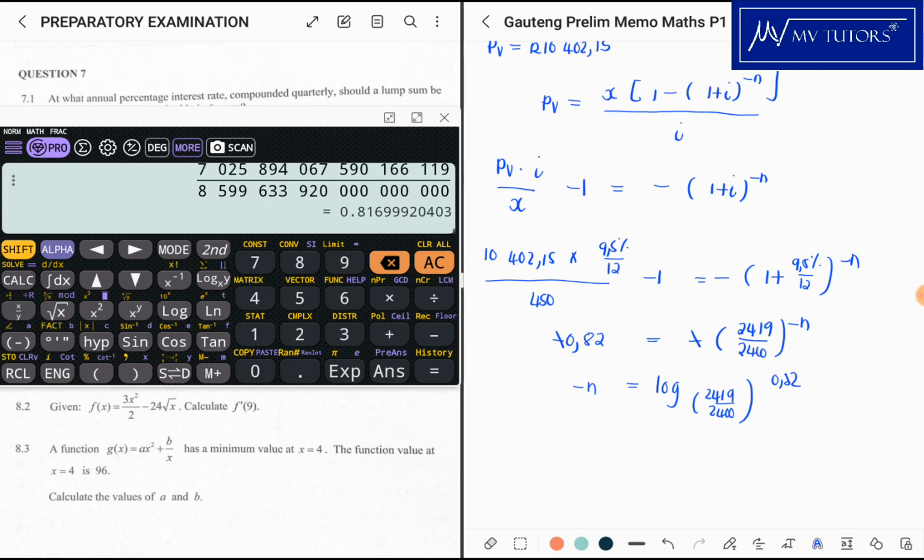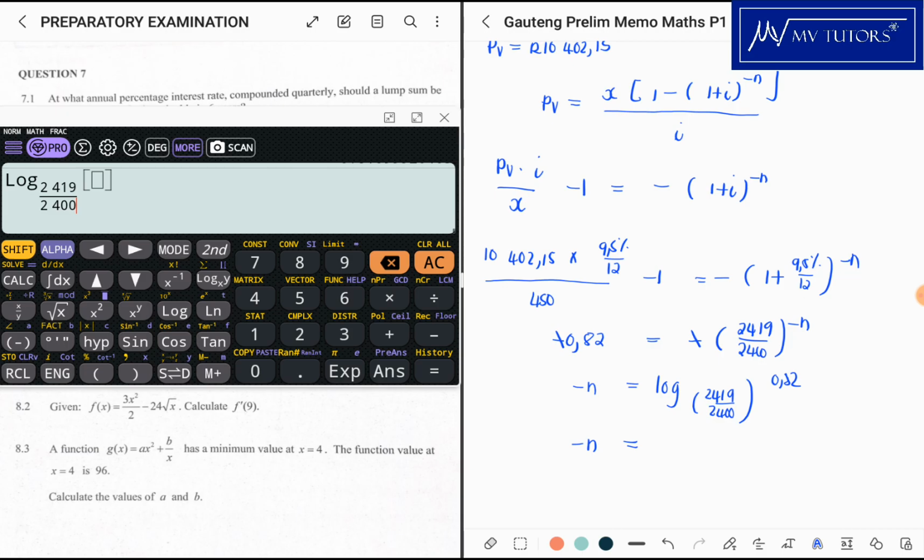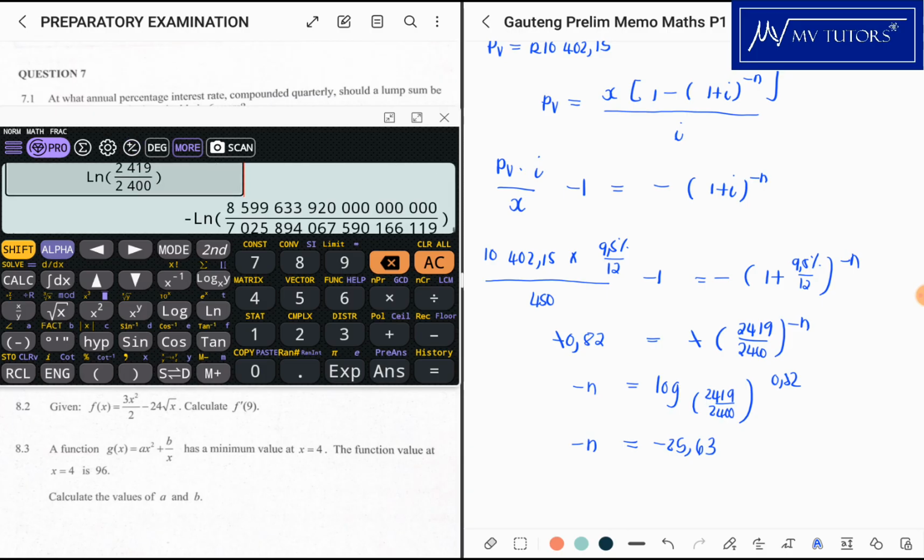Okay, great. Now let me get what this log is. So I have log, and my base is 2419 over 2400, and I can just actually use the answer. So I have 25.63. I'm actually also going to store that just in case I need it.